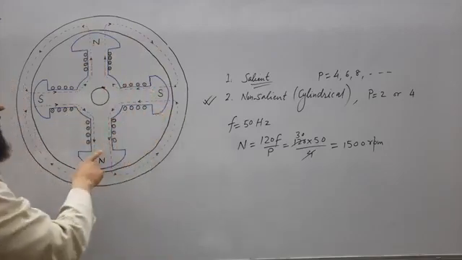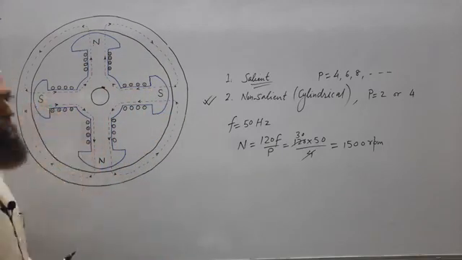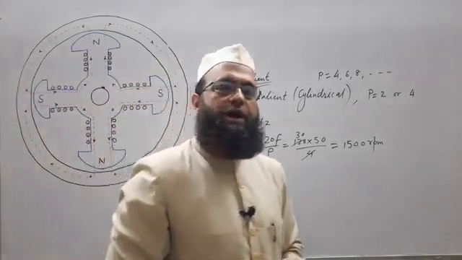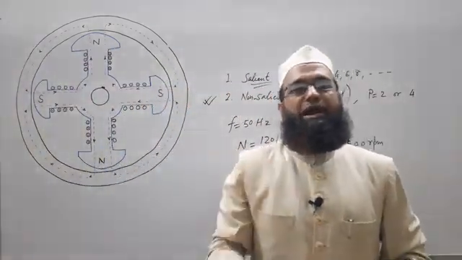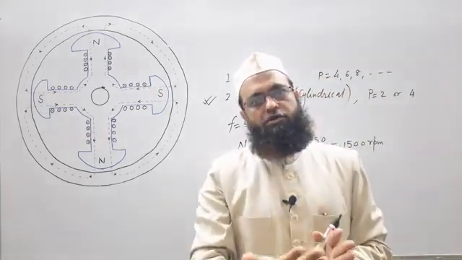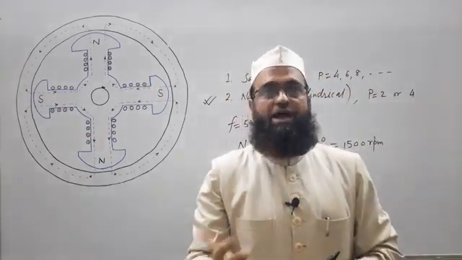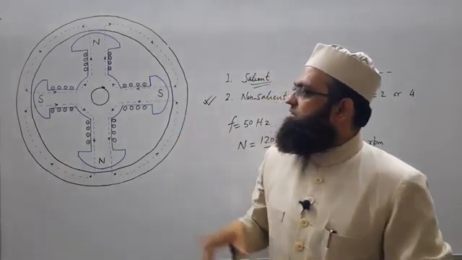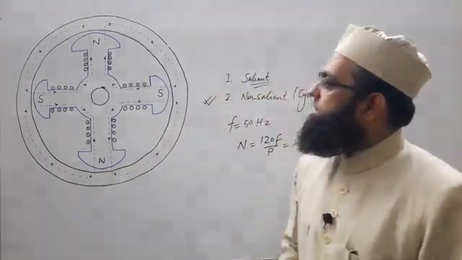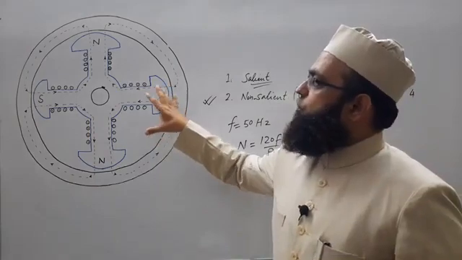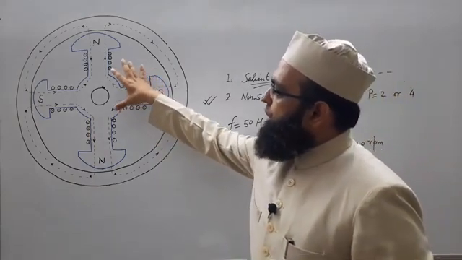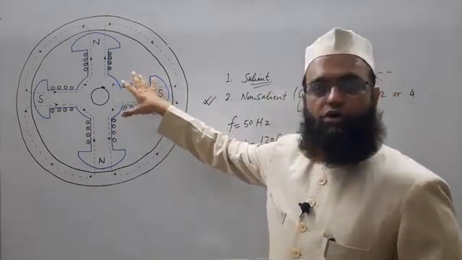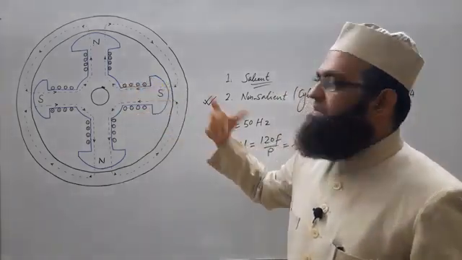Again we can create north pole here and south pole here, which means we are going to create poles alternately, one north then south, north south. Why? We will discuss it later, but as far as construction is concerned, we will focus on the orientation of various parts of the rotor and the reason behind it.